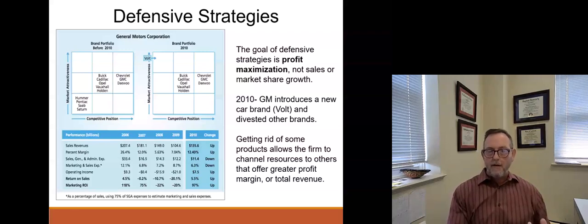You'll notice that there were some declines up to 2010, and then once that change was made, they were able to shift their cost structure around and put money into more profitable areas by getting rid of the ones that were less desirable for them. Getting rid of some of those products allowed them to channel resources into other areas that make more sense, seeing a positive net effect moving from 2010 on.